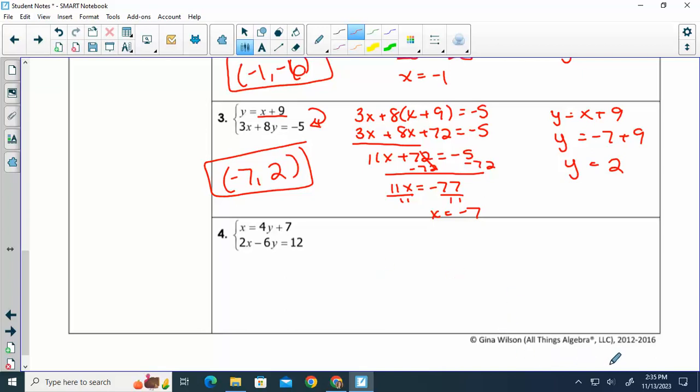I want you guys to try number 4. X is 4y plus 7. So it says replace that x with 4y plus 7. So what do we have to do next?